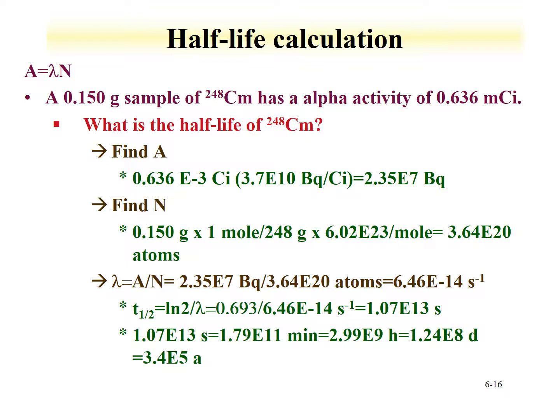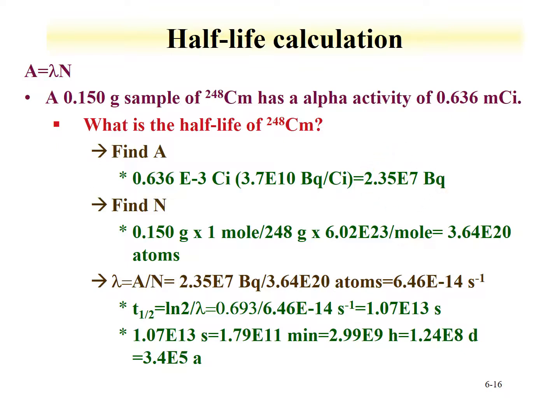0.636 millicurie, so that's 0.636 times 10 to the minus 3 curie. Ci is our unit for curie. And I said that 3.7 times 10 to the 10th counts per second, or 3.7 times 10 to the 10th becquerel per curie. So this gives me the value in becquerels. So I now have A in a unit that is workable.